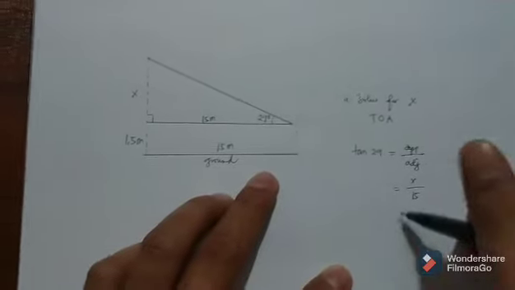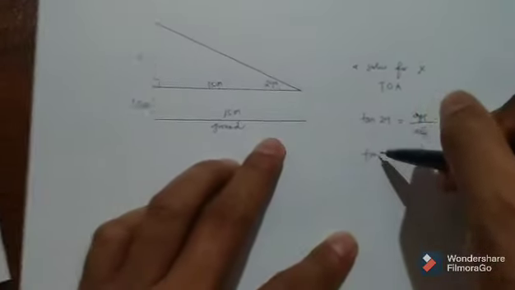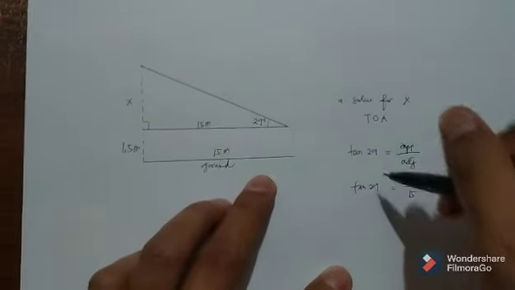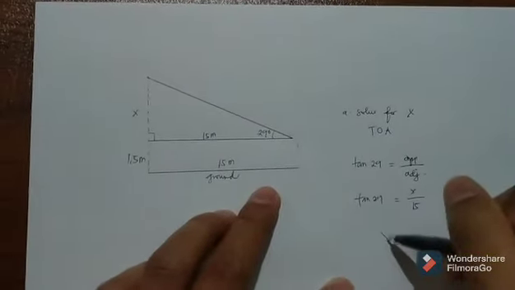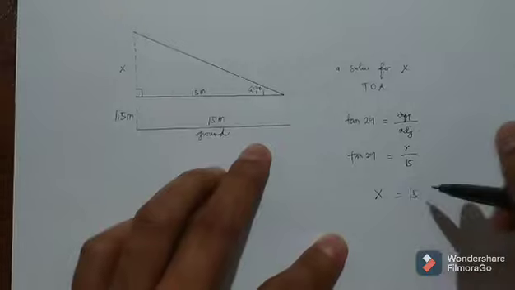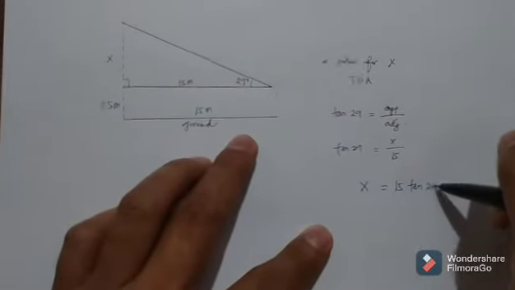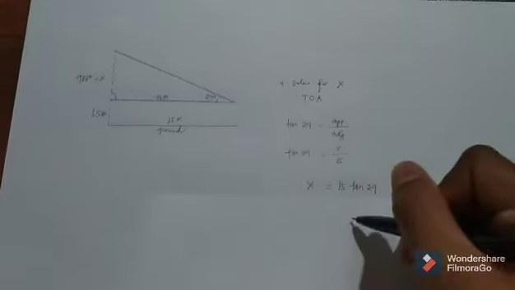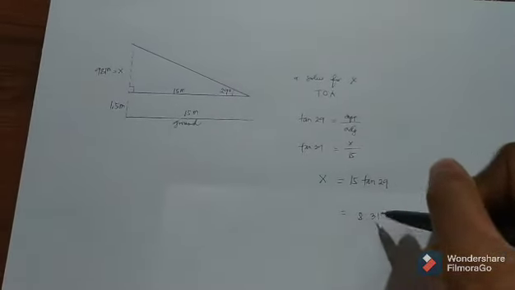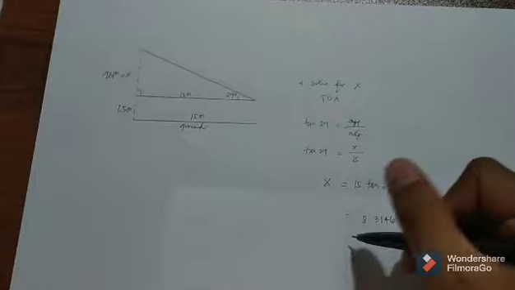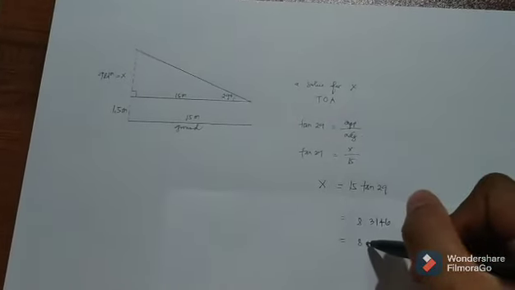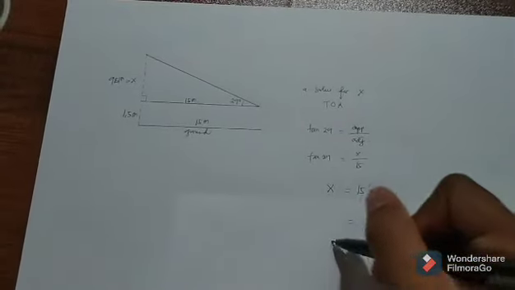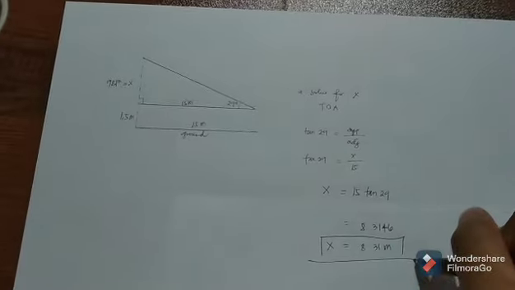Same pattern: cross multiplication, therefore x is equal to 15 times tangent 29. What is tangent 29 times 15? That is 8.3146, or you could say 8.31 meters. That would be the length of our x.